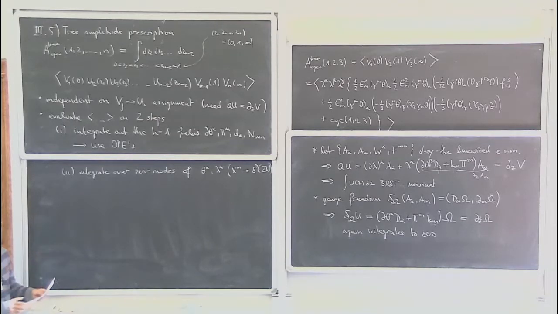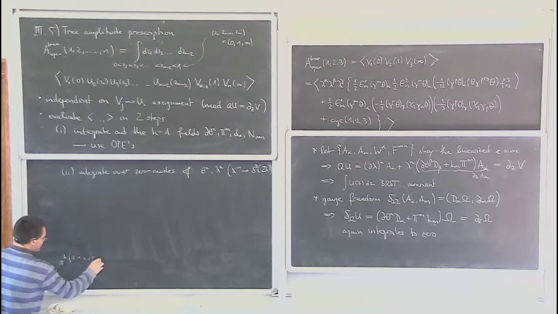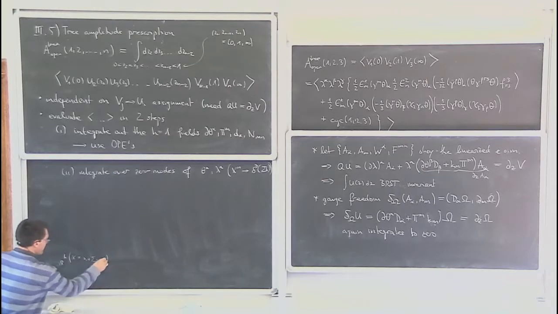Is e to the ikx considered 0 mode in the first or the second step? Right, so there's the big X, which decomposes into a 0 mode, plus all the oscillators. And the oscillators are probed by the OPE.